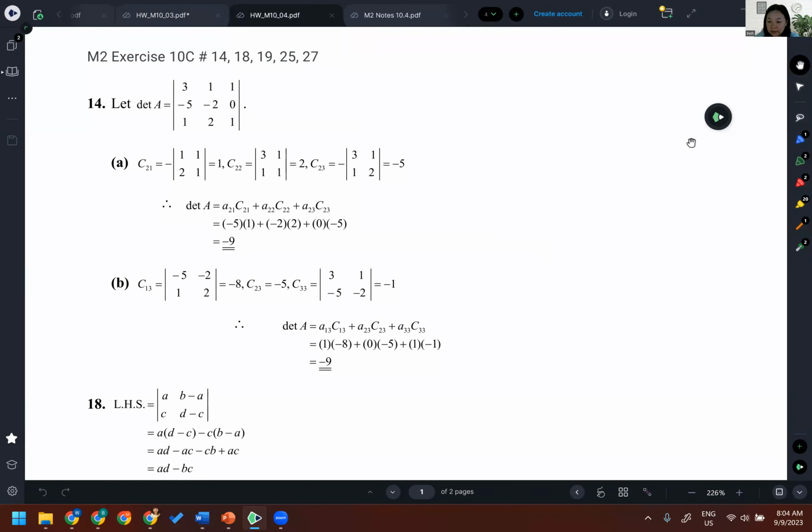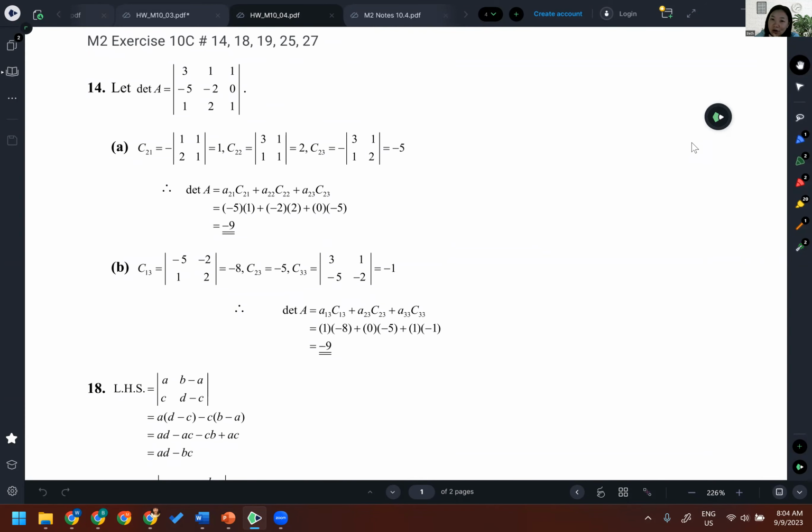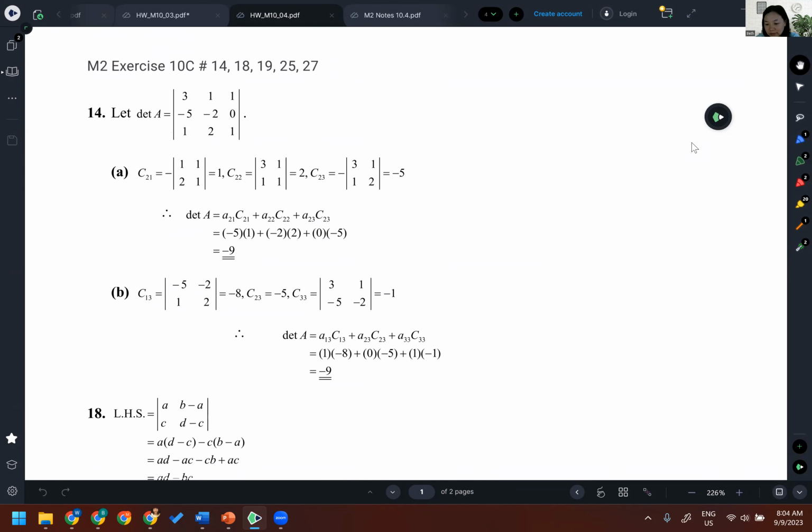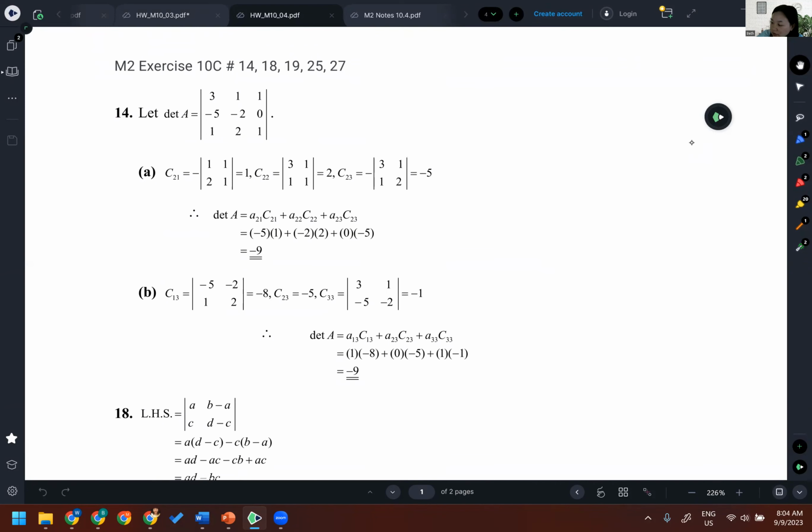This one, although almost all of you completed it correctly, I still want to mention the meaning behind each exercise. Question 14 asks you to expand and find the determinant of A through the second row, I think.